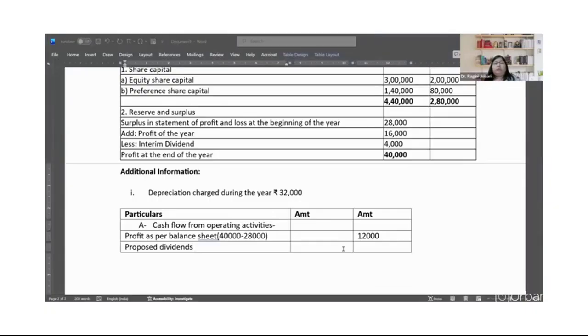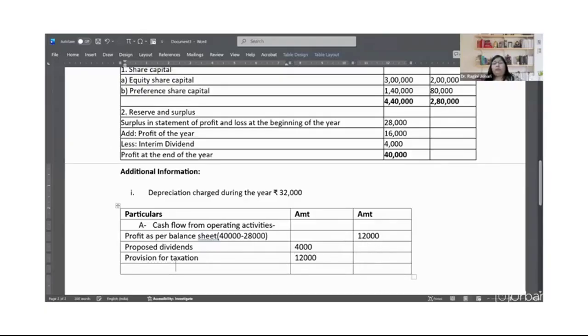So let's put it here, 4,000. Then next comes the provision for tax. This is 12,000.